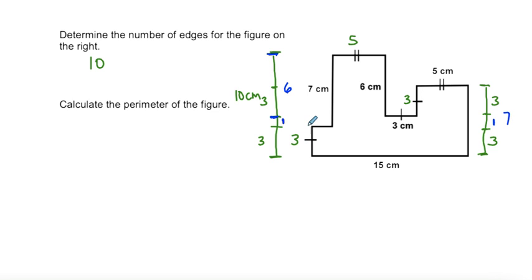So now that I have the dimensions of all of my missing sides, I can find the perimeter of this shape. I'm going to start with the bottom and work my way clockwise around the shape.